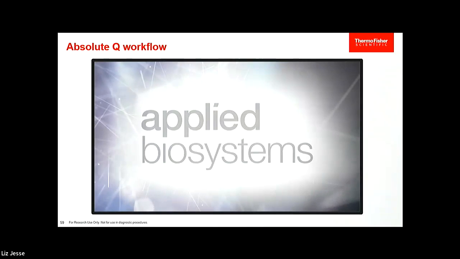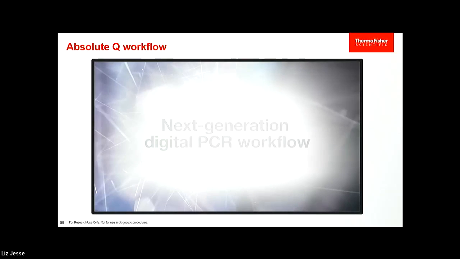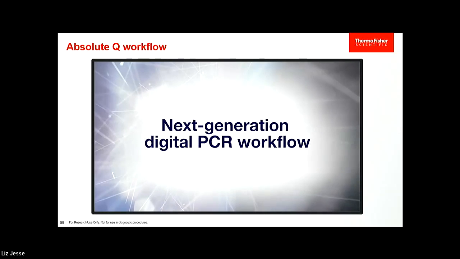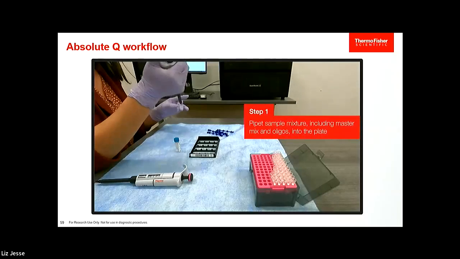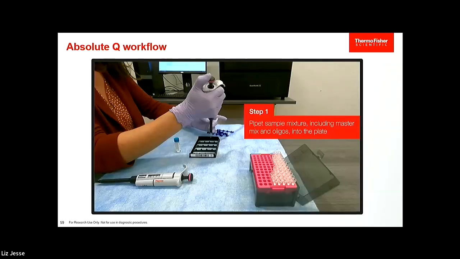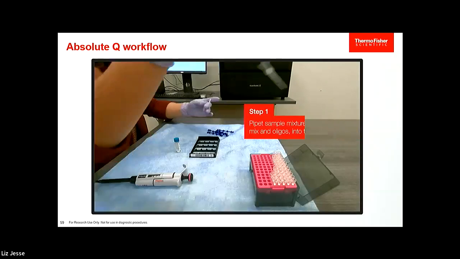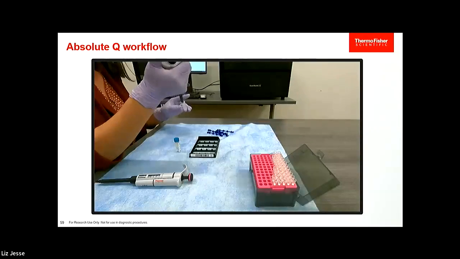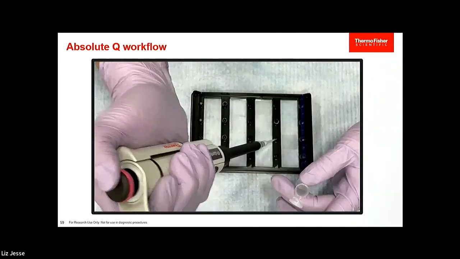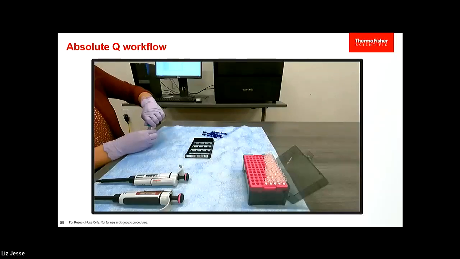All right, this is a very quick video that just shows you the workflow. So you're going to prepare your digital PCR reaction almost just like qPCR. You're going to load 9 microliters right into the well. You can see she just dropped it right in there.